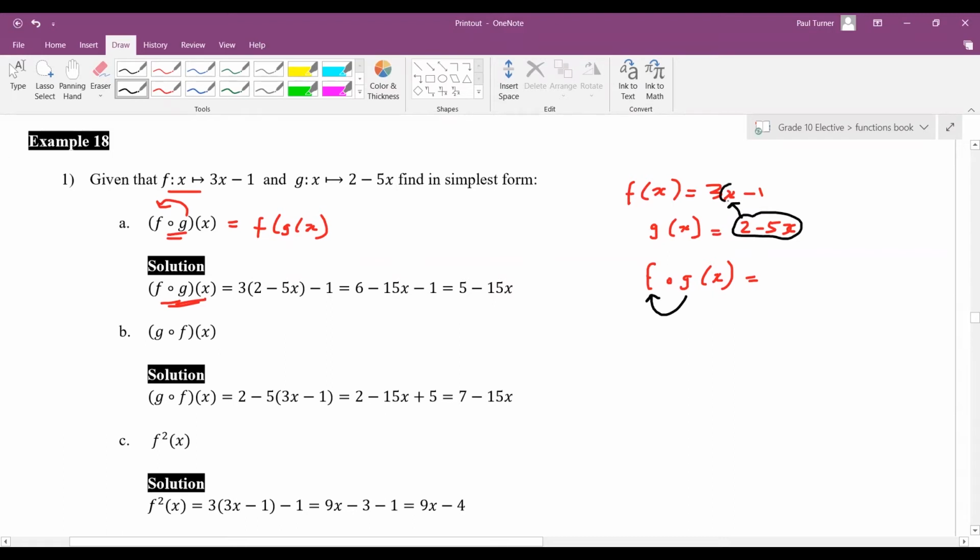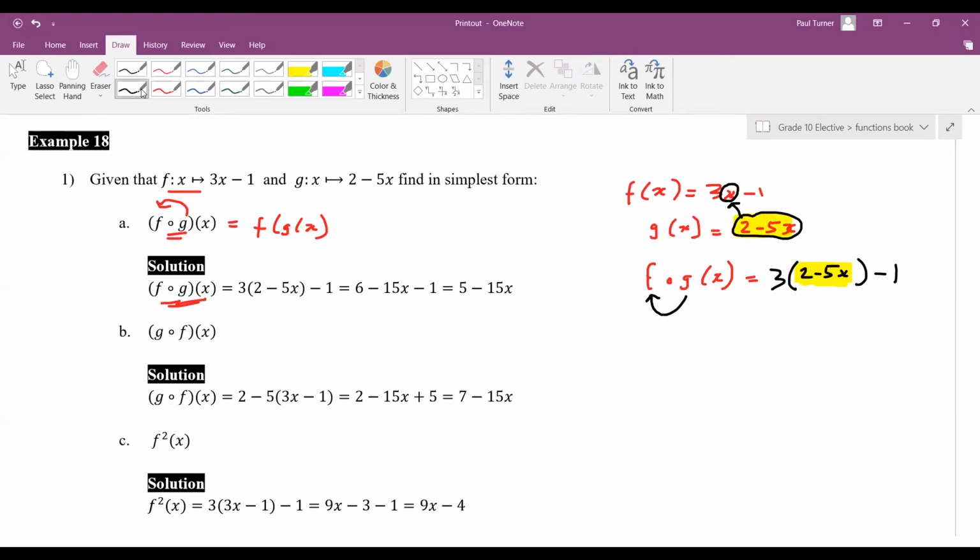You replace the x values of that function. So you're going to end up with 2 minus 5x, 2 minus 5x minus 1. So you see how the g function, which is here, is going inside the f function here.